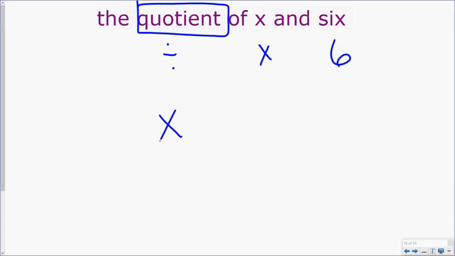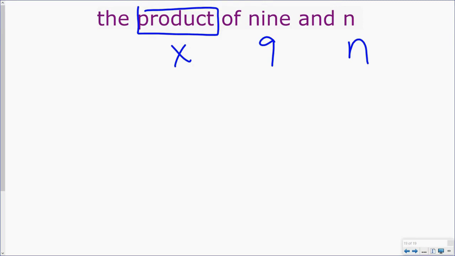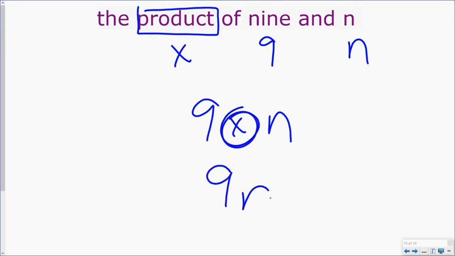So I would write it as x divided by 6, or x over 6. The product of 9 and n. Well, product is multiplication. 9 is 9, and my variable is n. So I would have 9 multiplied by n. But again, I have that multiplication sign here. So I would have it 9n.